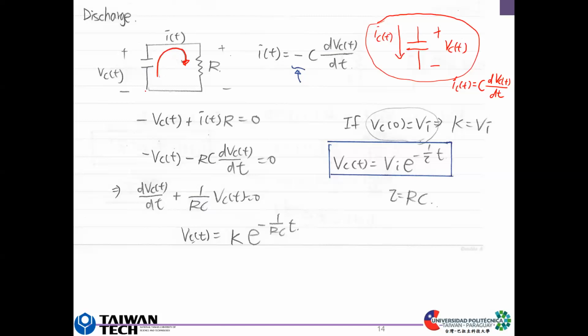But in this case, you can notice that the direction of the current is from bottom to top, from the negative side to the positive side.